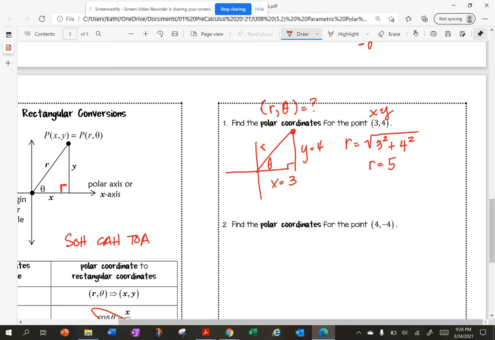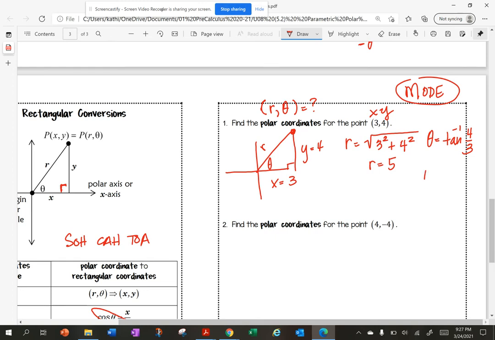And then my angle, theta, is going to be the tangent inverse of y divided by x, so 4 divided by 3. So if I'm doing this in degrees, you need to pay attention to your mode. So I need to know if I'm doing this one in degrees. So if I put my mode in degrees, I'm going to round to 2 decimal places.